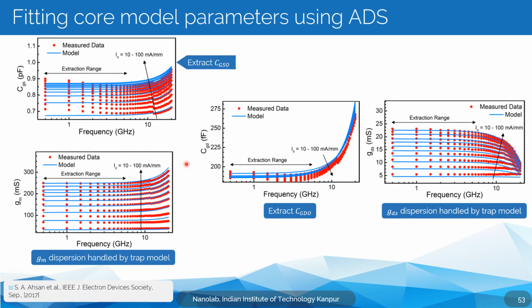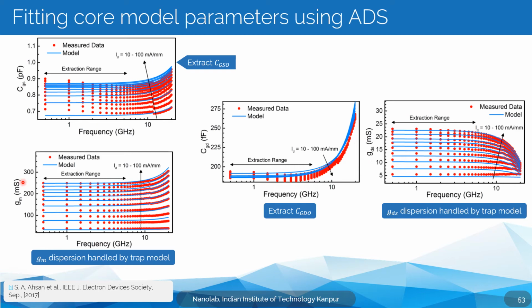And then at low frequencies, we try to extract the overlap capacitances of the core model. So this is a low frequency plot. The x dimension is frequency, and it's in a log scale. And then in Y, we're looking at CGS, CGD, and then GDS and GM.